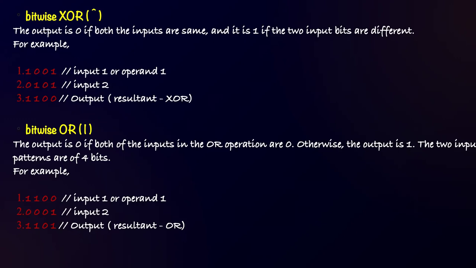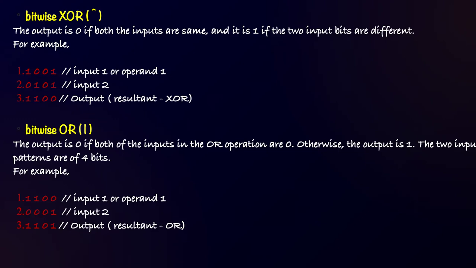See? 1 and 0 gives 1, 0 and 1 gives 1, 0 and 0 gives 0, 1 and 1 gives 0, right? Understood? This would be very easy for people who have already gone through Boolean algebra, right?